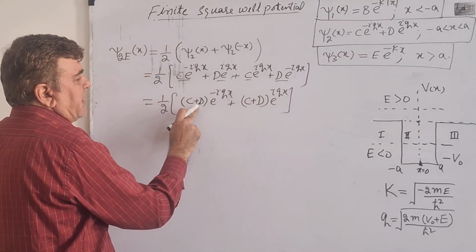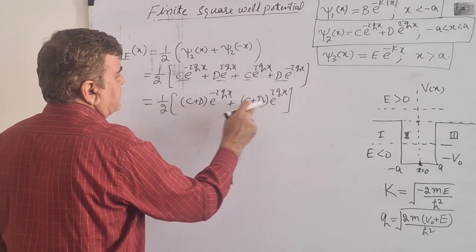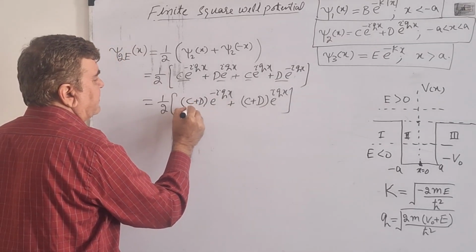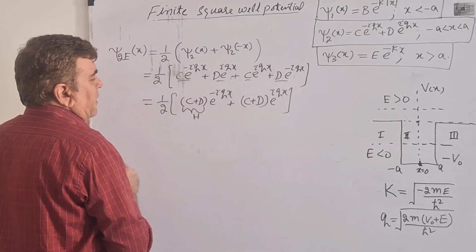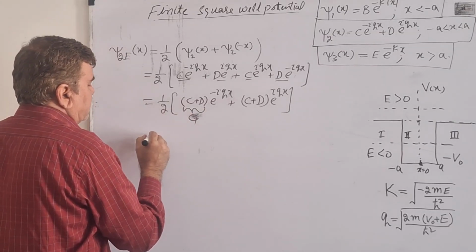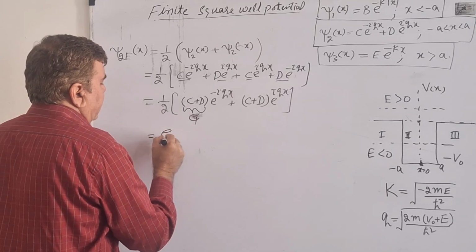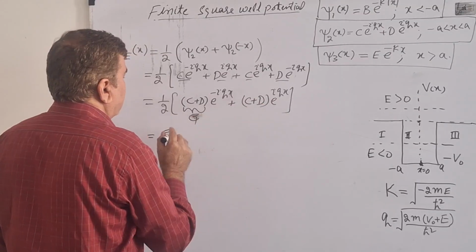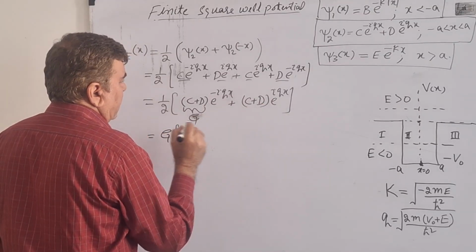Since c plus d is another constant in this position, I define c plus d equal to g, let's say. So I then write this equation in the form, and I take g common from the two terms to write this in the form.